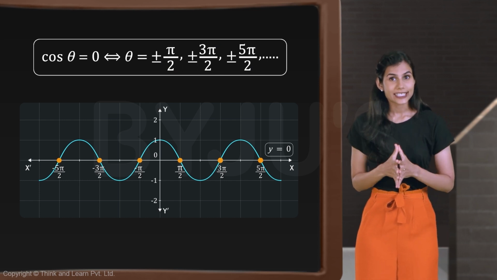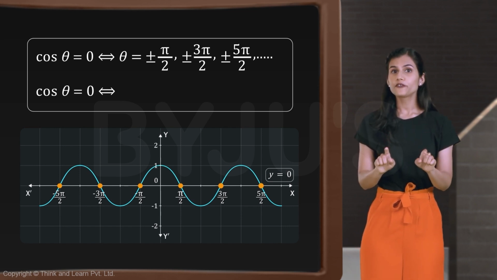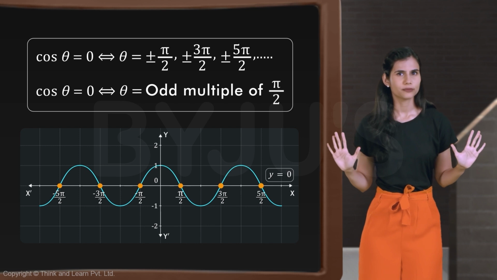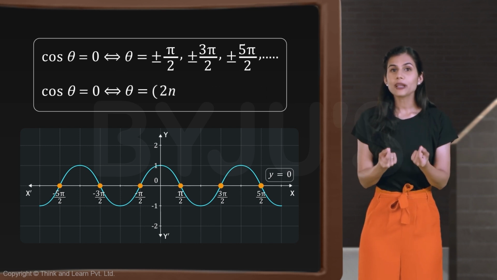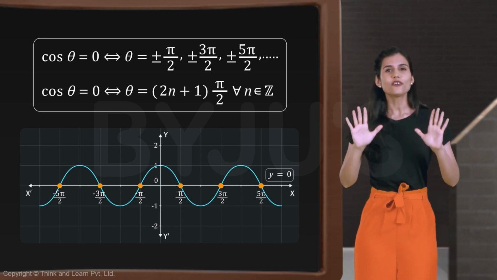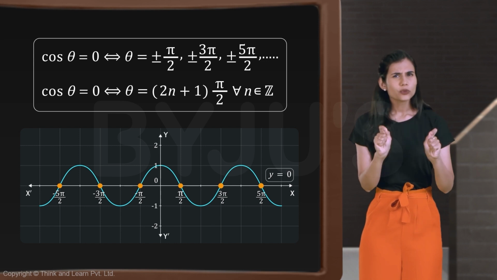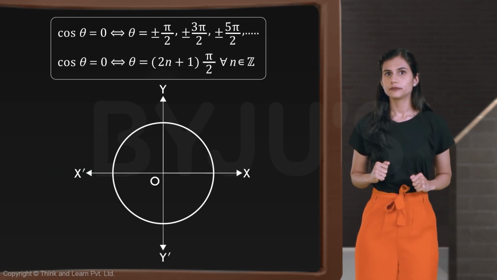That is why I can say that cos theta will be 0 if and only if theta is some odd integral multiple of pi by 2. Okay? And this we write as 2n plus 1 times pi by 2, where n varies over the set of all integers.